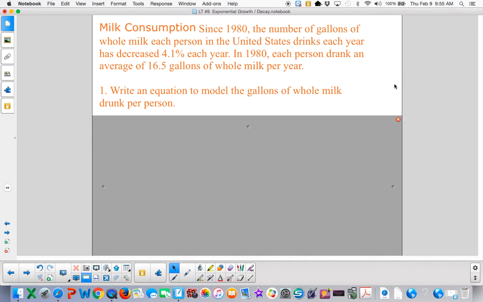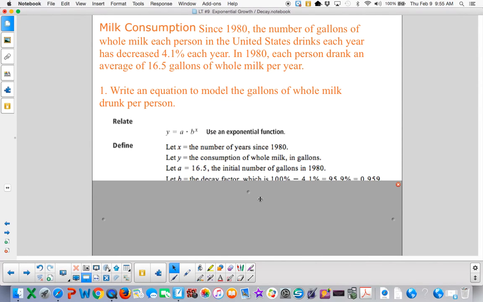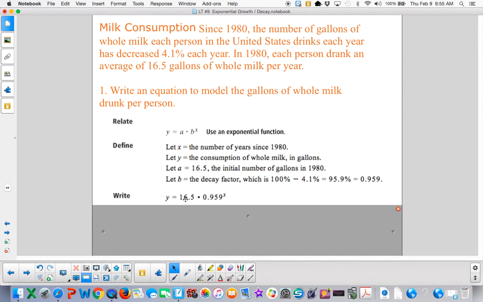Milk consumption. Since 1980, the number of gallons of whole milk consumption has decreased 4.1% each year. In 1980, each person drank an average of 16.5 gallons per year. So let's write an equation for that. We have our initial amount, 16.5.